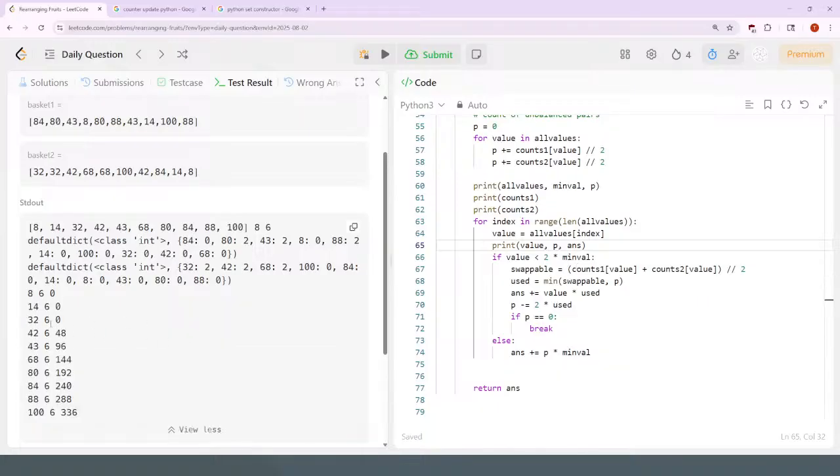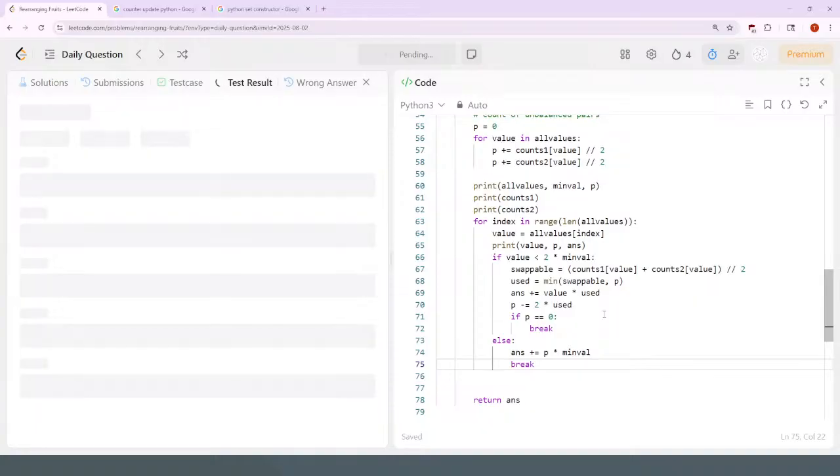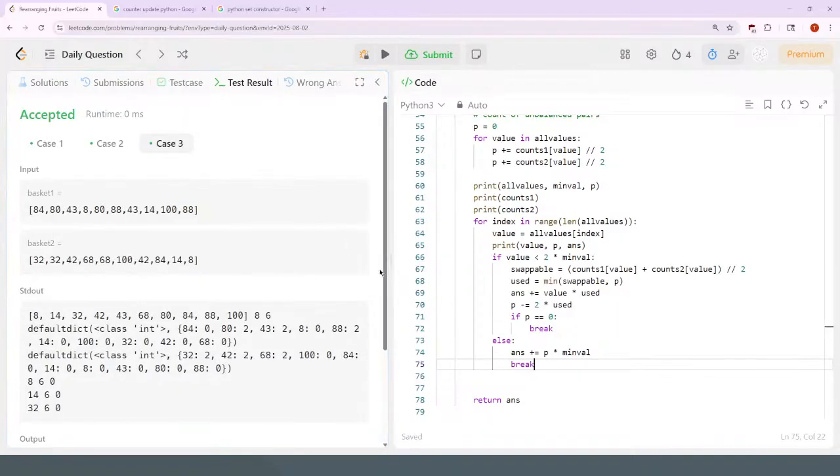And then it becomes 32. Oh, I forgot to break. So stupid. I was debating whether to do an else break there and do the remaining stuff outside the loop. Maybe I should have done that.